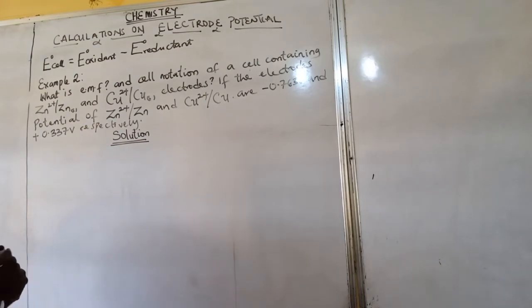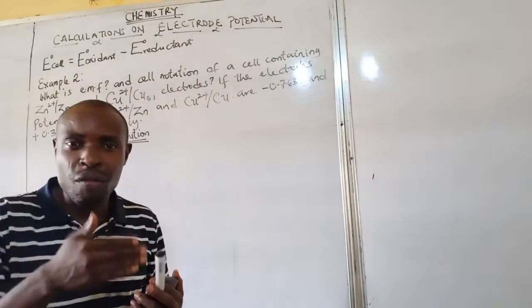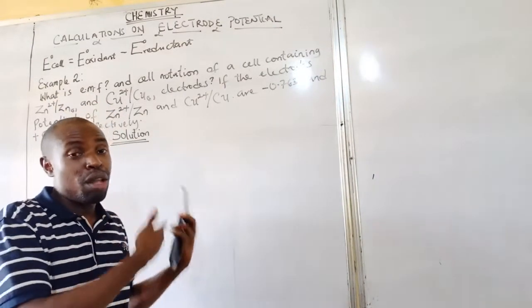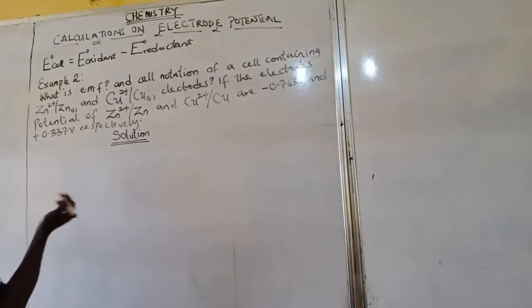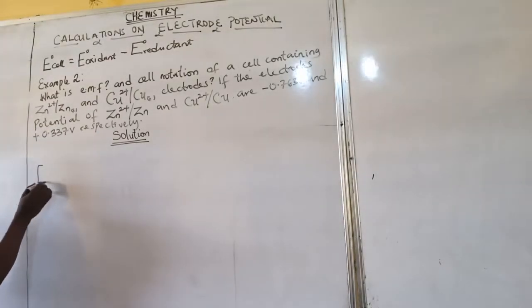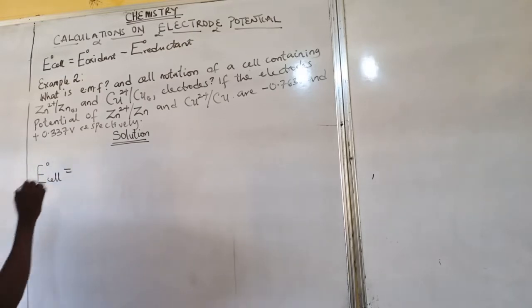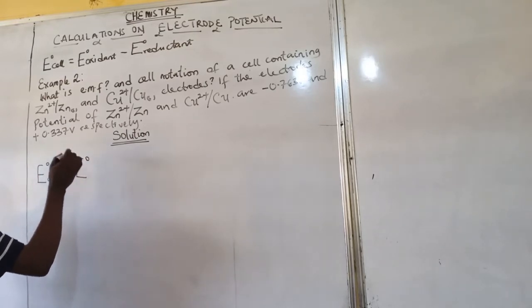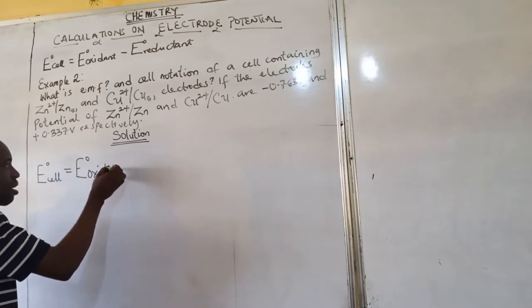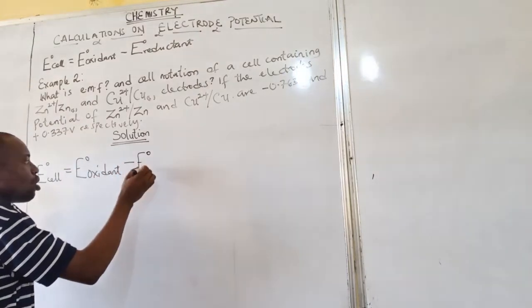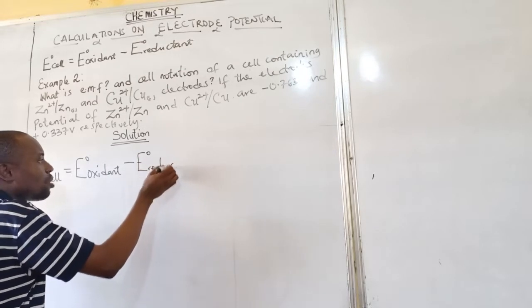Now what do we do? We'll use two methods in solving this question. We'll make use of the formula method and also the direct method, which is simple. Here, E naught of the cell is equal to the E naught of the oxidant minus the E naught of the reductant.